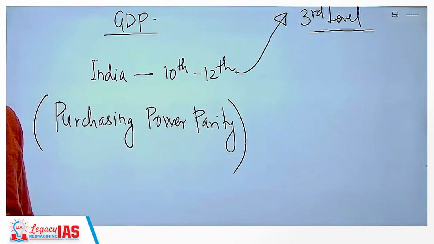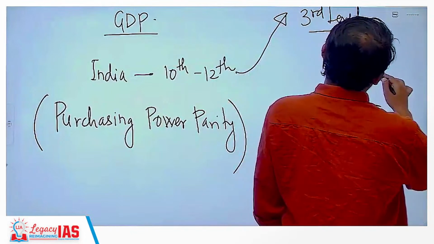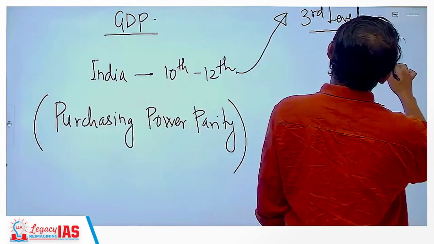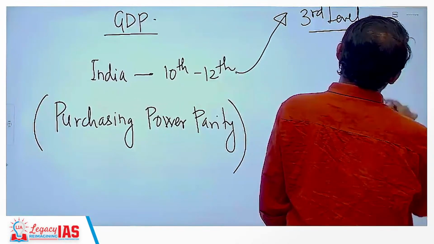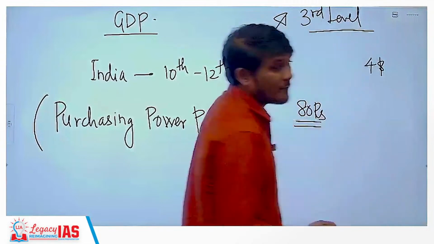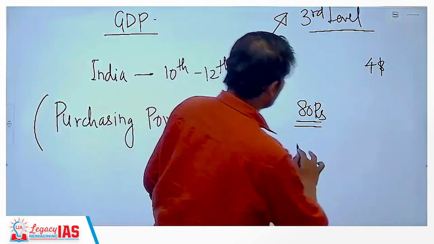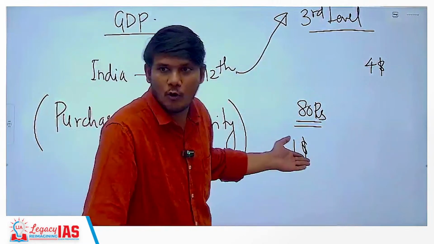Okay? So I'll tell you why this is happening. This is happening because, let's say, USA has a GDP of $4. We have a GDP of 80 rupees. Now, as per market exchange rate, this 80 rupees is what? $1, right? So our GDP should come around $1.